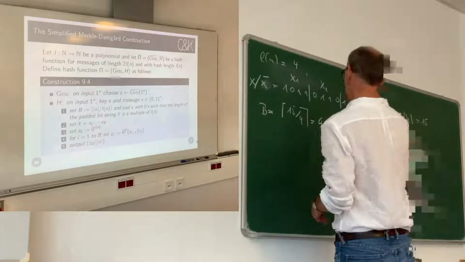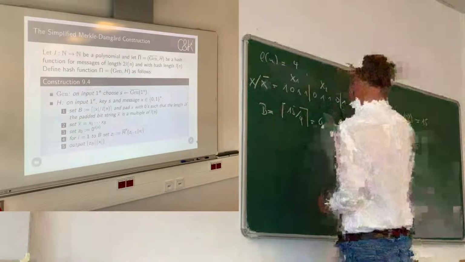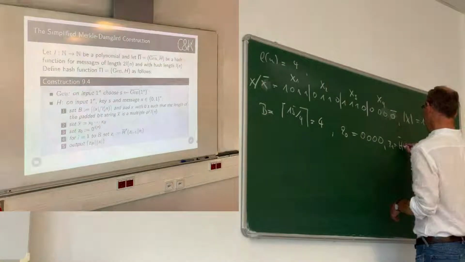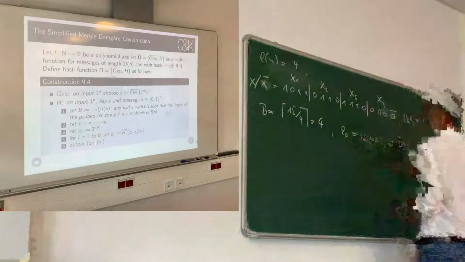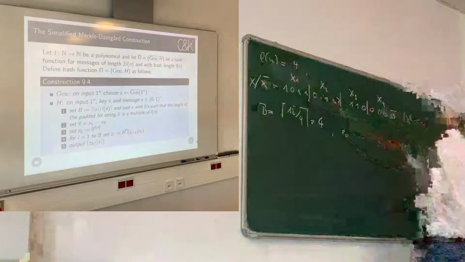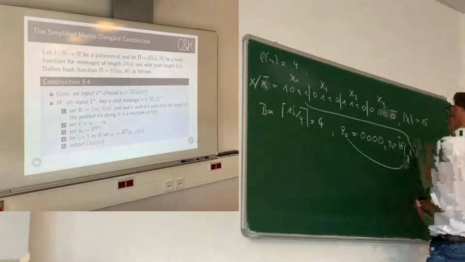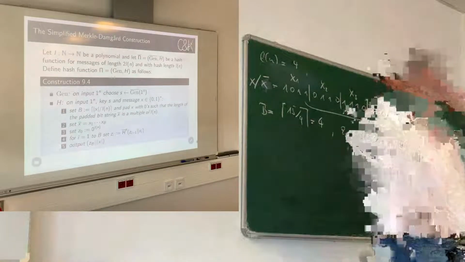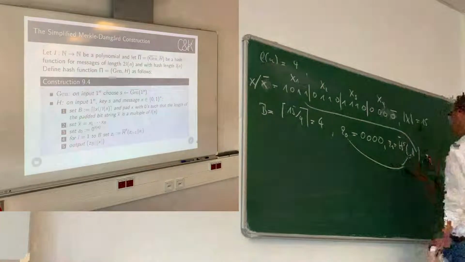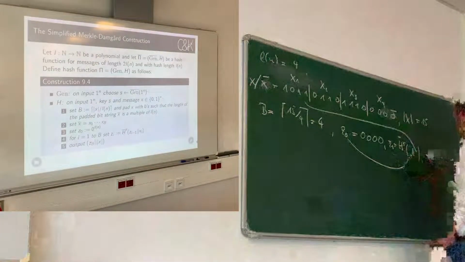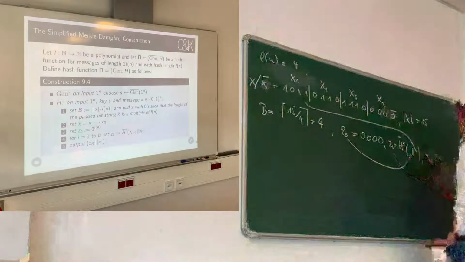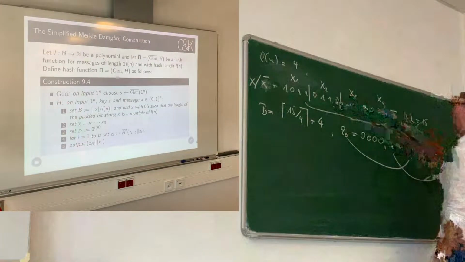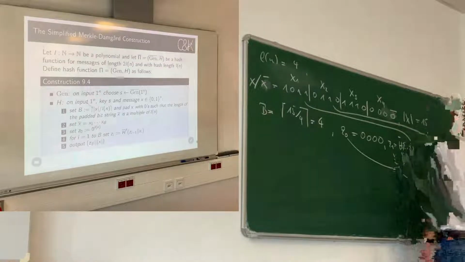So Z1 is h bar of s on Z0 and x1. Then Z2 is h bar of s on Z1 concatenated with x2.